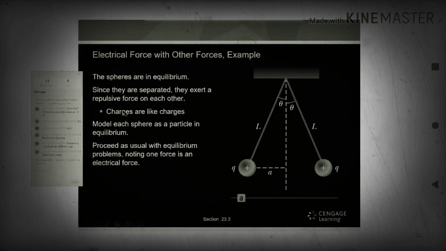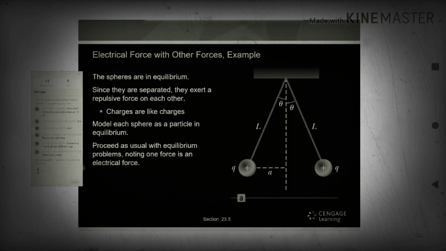Now, the more we can talk about, say like this one, is electrical force with the other forces. Example, okay. The spheres are in equilibrium. Why will they be in equilibrium?